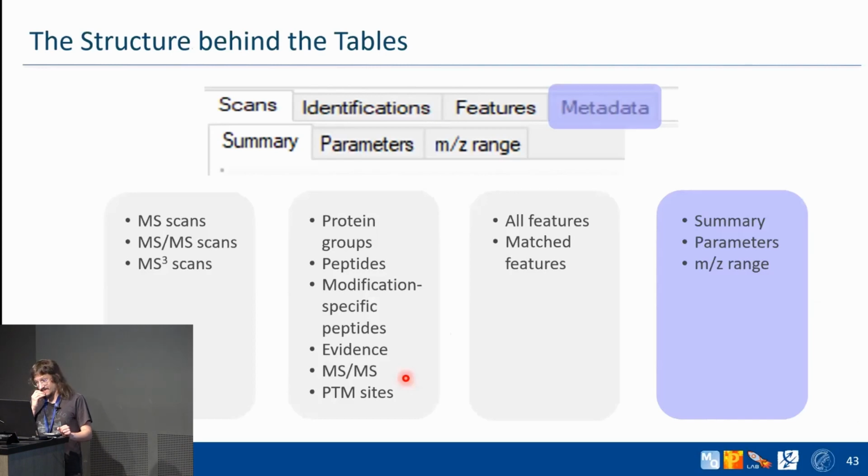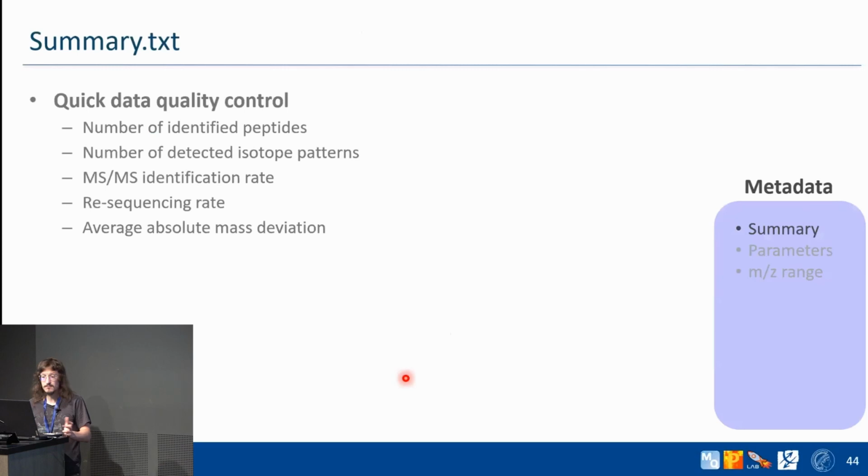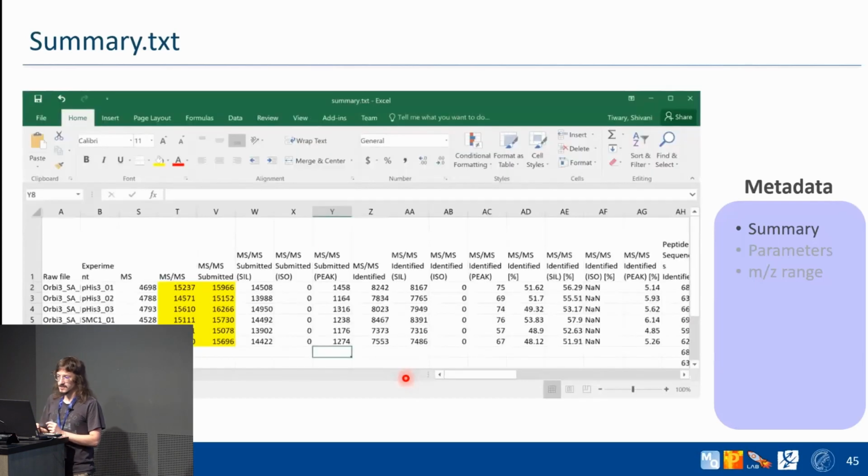And lastly, we'll go here to the metadata. So it is just a simple summary of all the things that I said before. For example, you can see here we have our raw file that says, okay, there were all this information about MS1, MS2, peaks, evidences, features, protein groups.